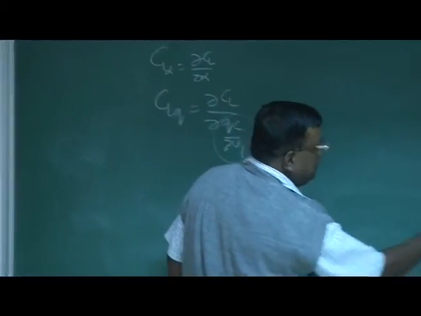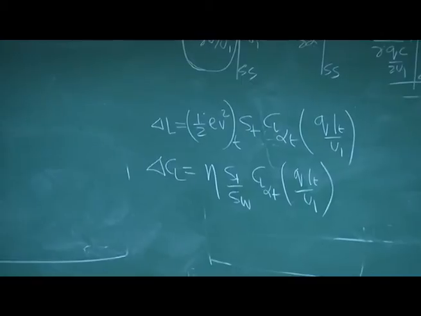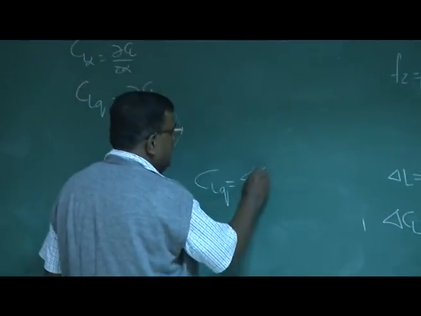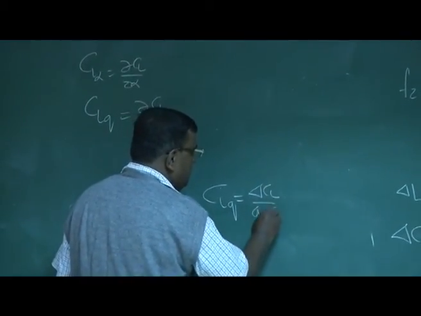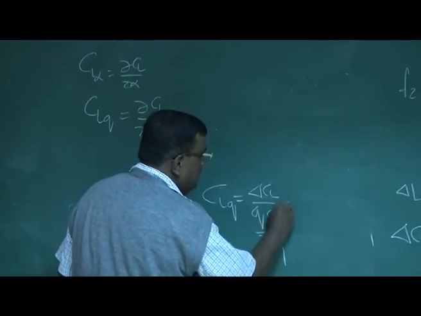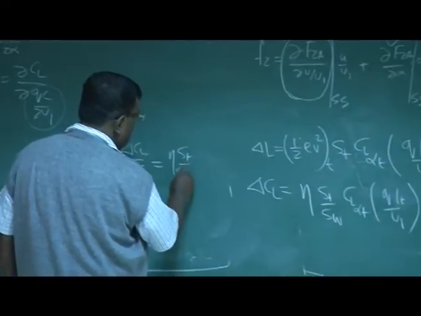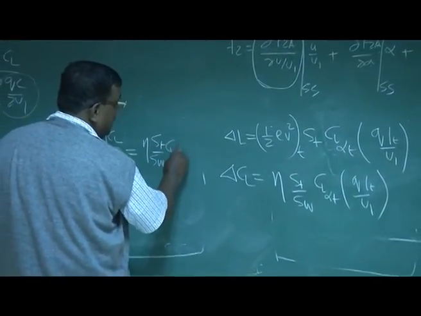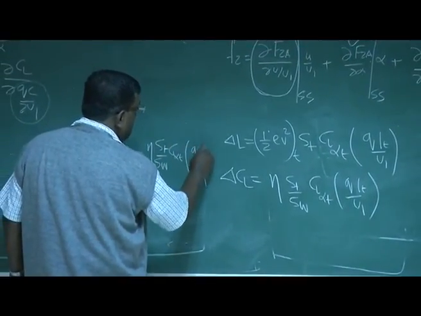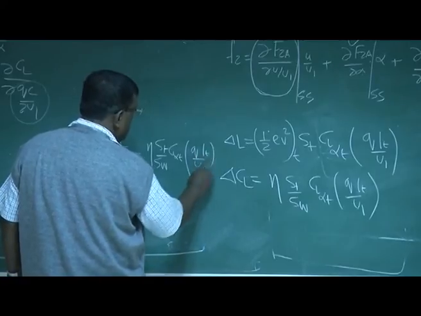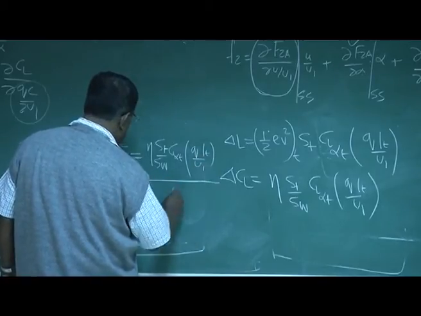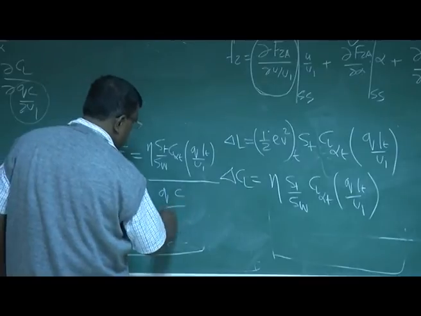So since delta CL is this, CLQ for a linear part I can write delta CL by QC by 2U1. That will be eta ST by SW CL alpha tail into Q LT by U1 divided by QC by 2U1.